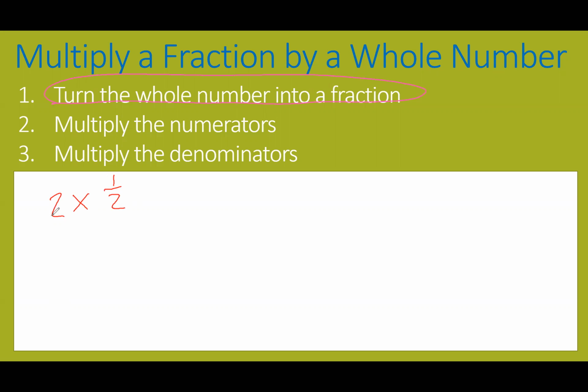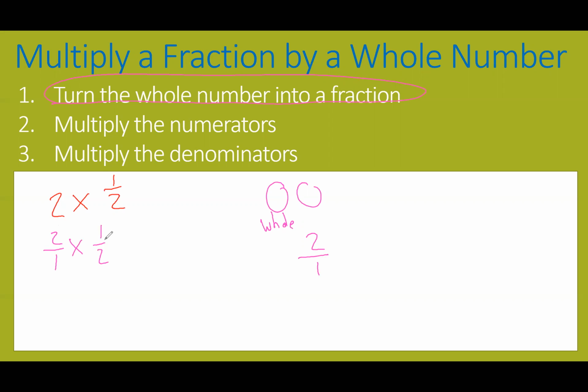So I have 2. Let's say I have 2 pizzas. If I'm talking about a fraction, they're not cut into anything yet. They are whole pizzas. I don't have any cuts. Do you see cuts? So that means that we have 2 wholes. 2 over 1 times 1/2.